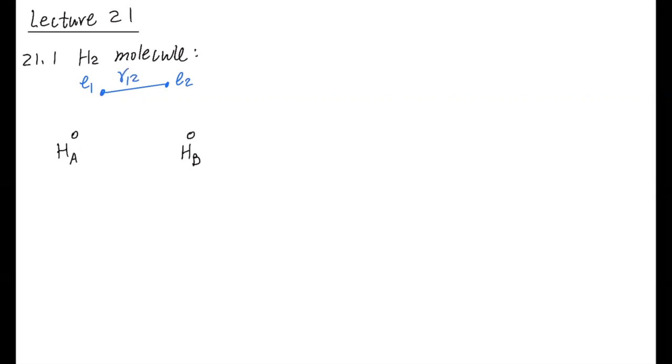And you can also define the separation between HA and E1 as RA1, and you can have RA2 here.